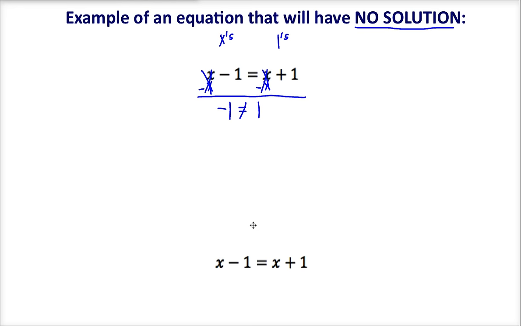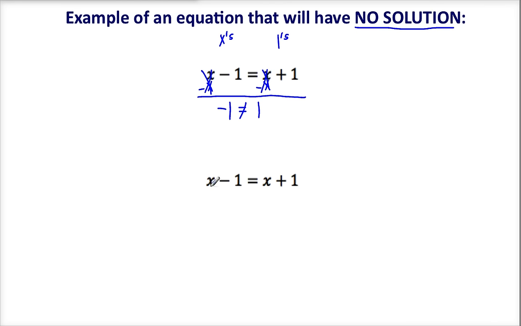So when we look at the equation, we don't even have to solve it completely to understand that it's going to have no solutions. So let's just look at it and think about what it's telling us. It's saying if we take a number and we subtract 1, that's the same as taking that same number and adding 1.